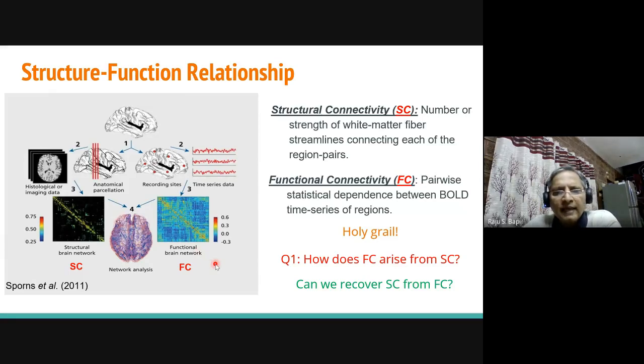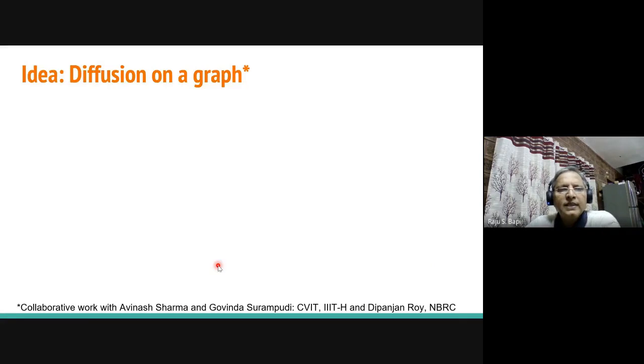And now we have a graph, and the connectivity is defined by the structural empirical observations about how many fibers connect each of these pairs of regions. Right now, you have a weighted graph on which there is a function that is observed. Is it possible to model using diffusion phenomenon on the graph?